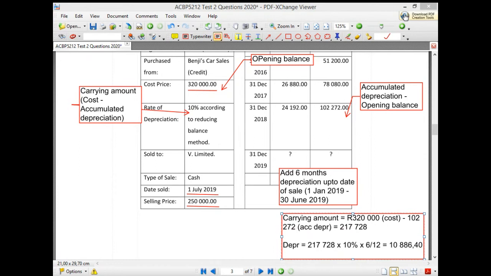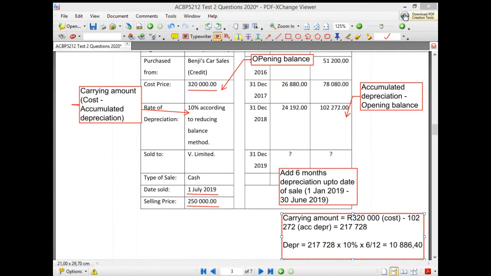So now we remove that accumulated depreciation out of our accumulated depreciation account and move it to the asset disposal account as well. So that's step number 2. Okay? So now what we've done is we have essentially worked out what is the carrying amount of the vehicle at that particular point in time.